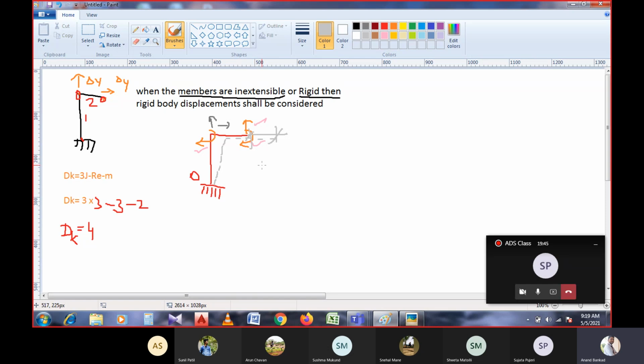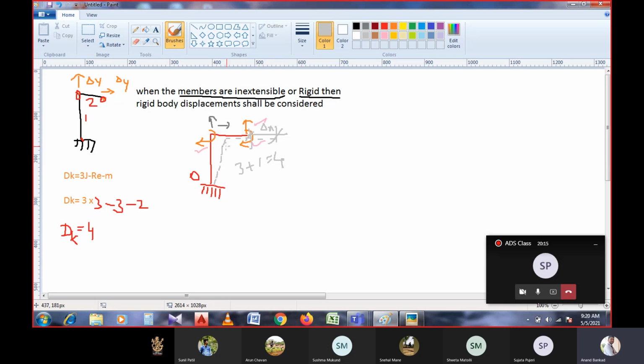So let us discuss some more problems. Then we will get to know what is rigid and what is not, inextensible, extensible, and where axial deformations are considered and where they are not considered. So in this case, the displacement in the x direction, the delta x, is there, then 3 plus 1 will be 4, right?